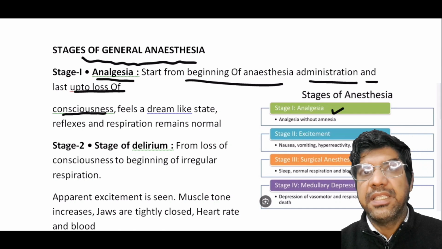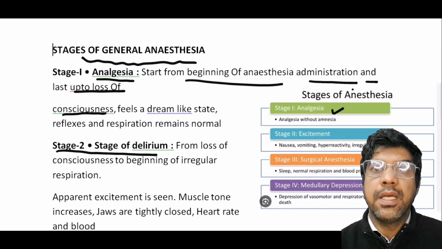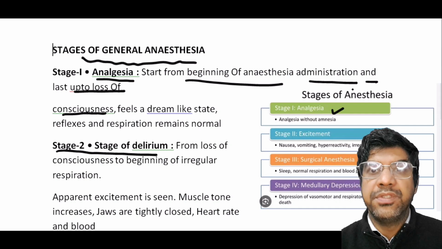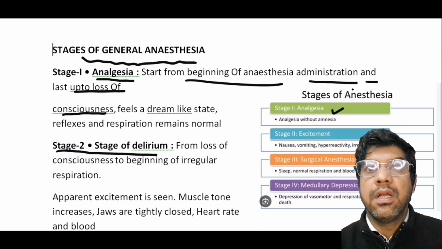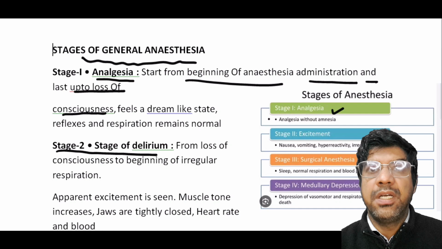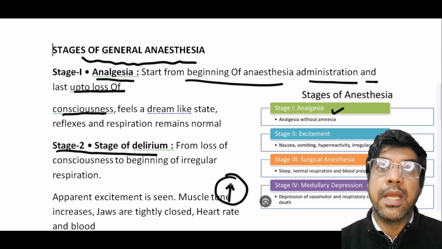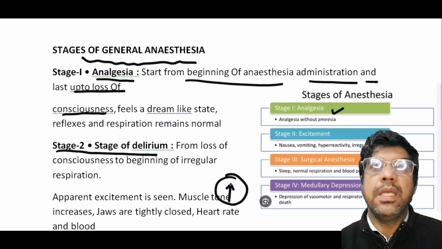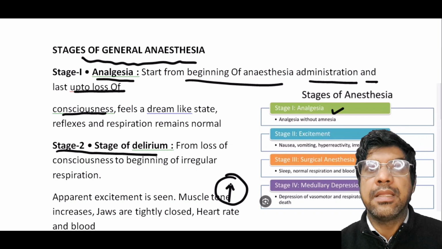The second stage is the stage of delirium. As the patient loses consciousness, apparent excitement may occur. Remember, the muscle tone increases here. The jaw may get tightened, and there could be an increase in heart rate and blood pressure.